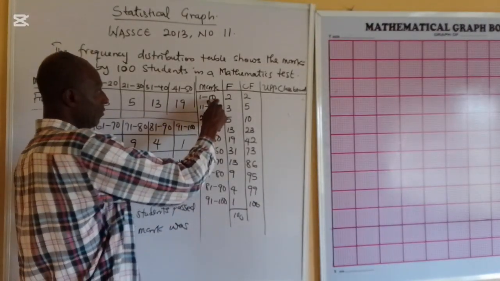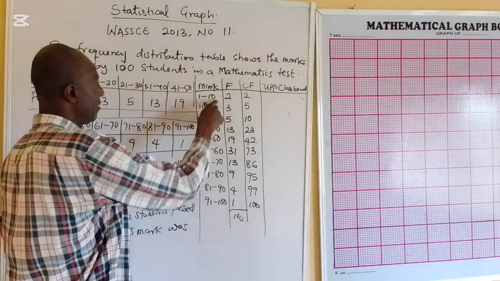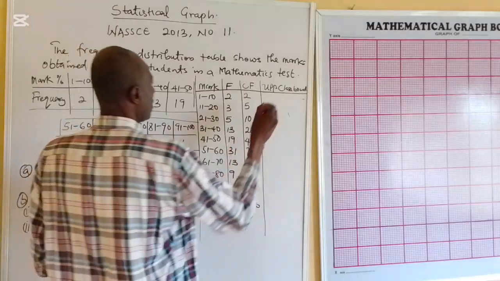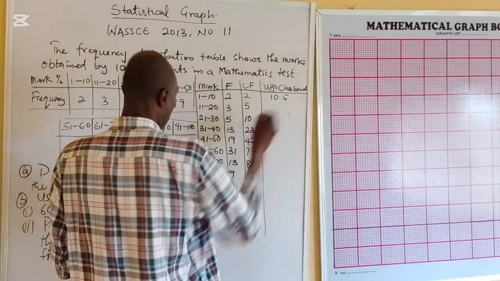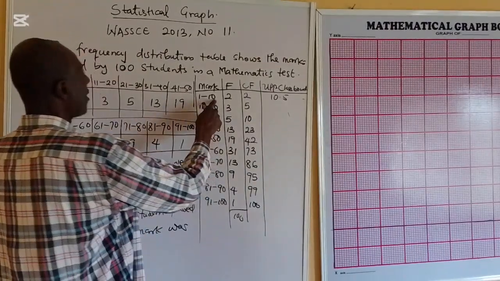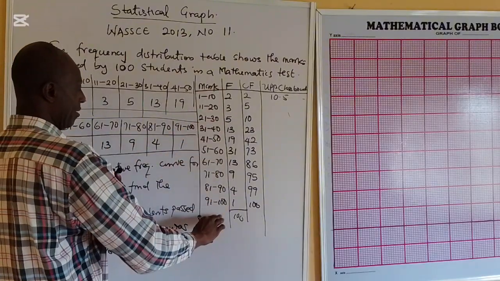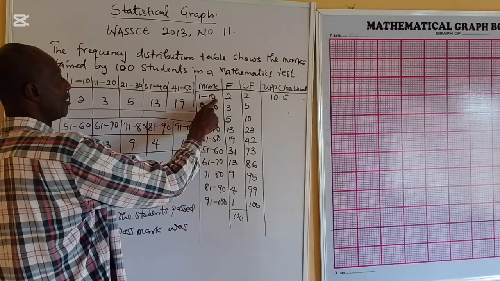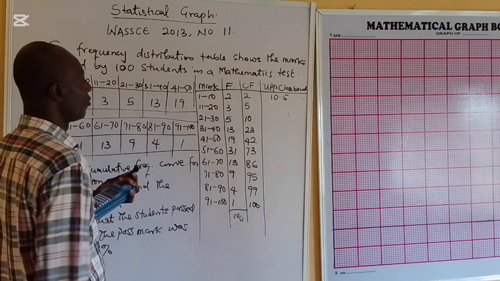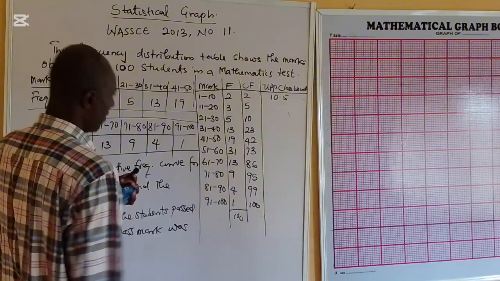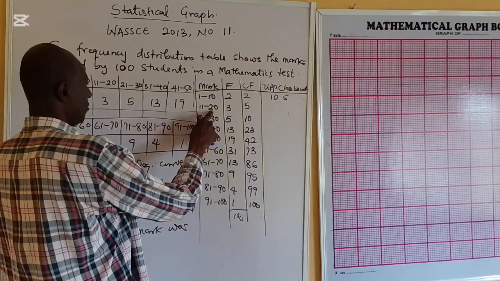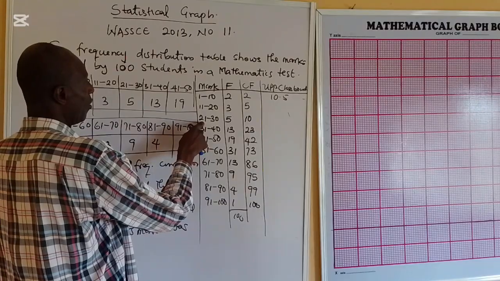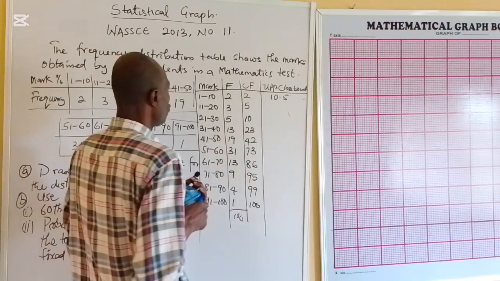All here are upper class limits, and all here are lower class limits. When you add the upper class limit to the lower class limit and divide by 2, it will give you 10.5. When you add this 20, the upper class limit here, to 21, the lower class limit, and divide by 2, it will give you 20.5.